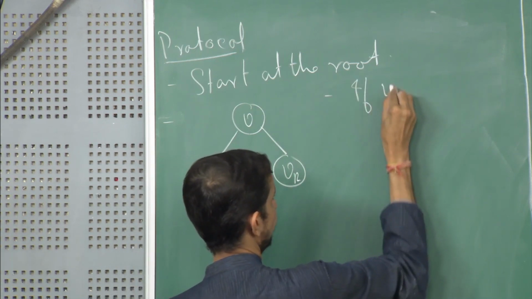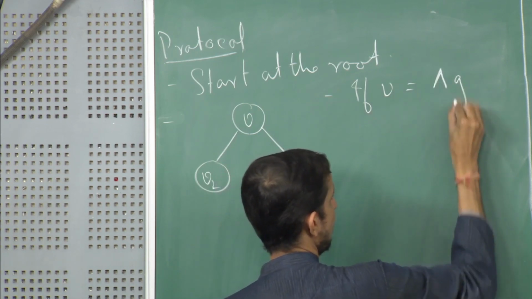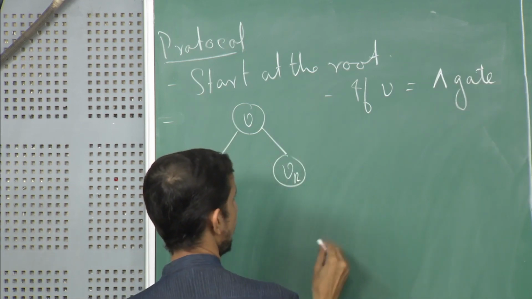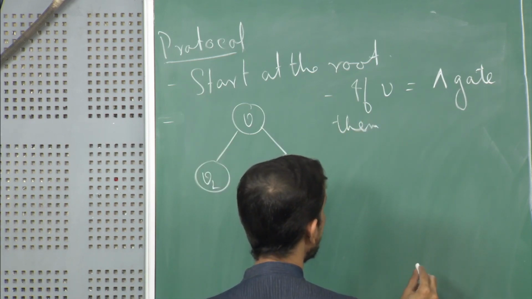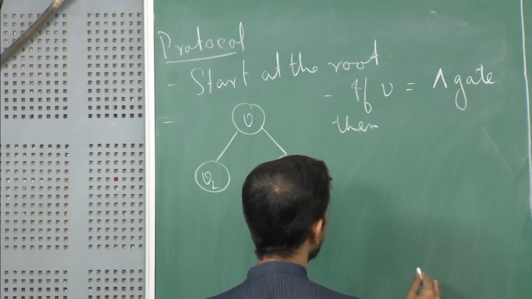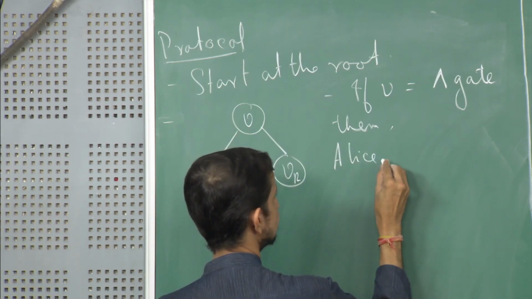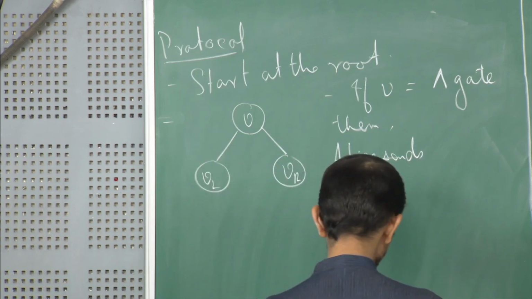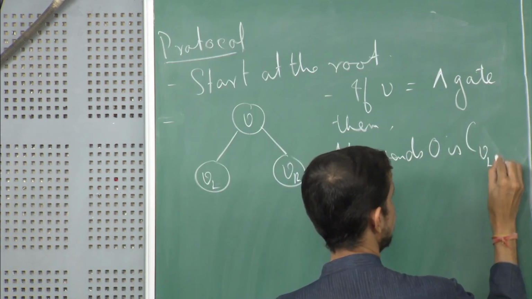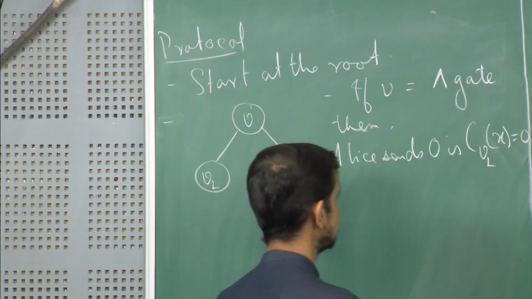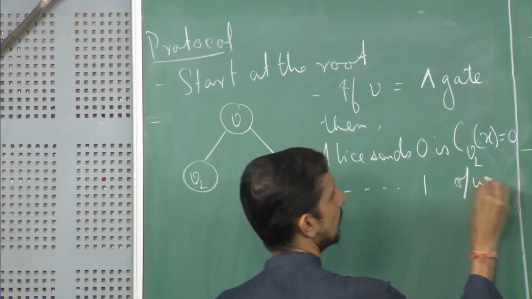If V is an AND gate, then Alice sends 0 if CVL of x is equal to 0, and Alice sends 1 otherwise.